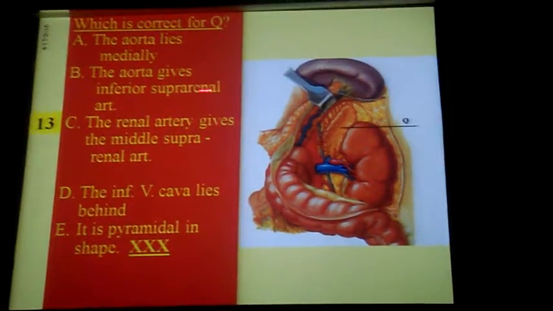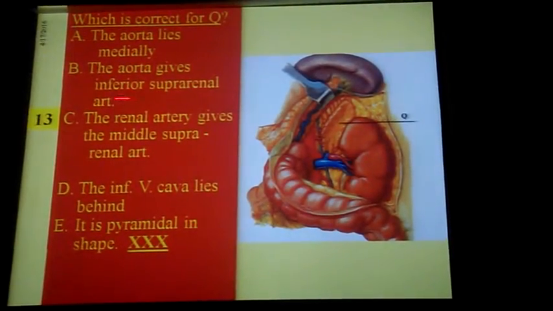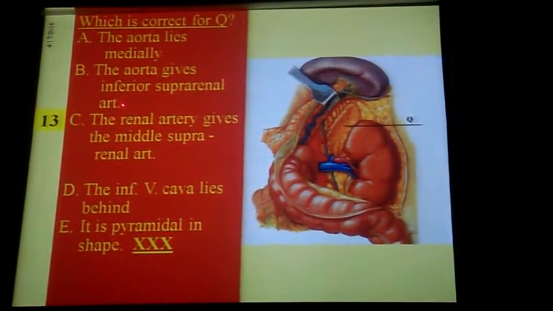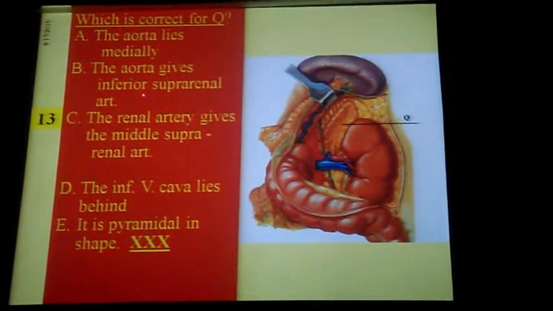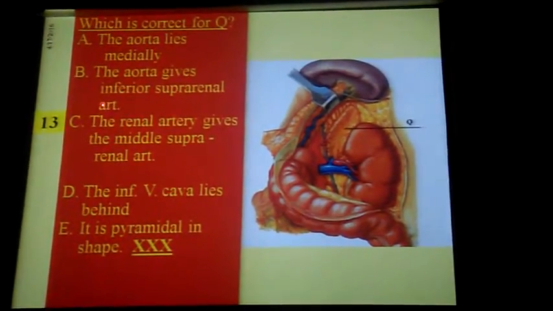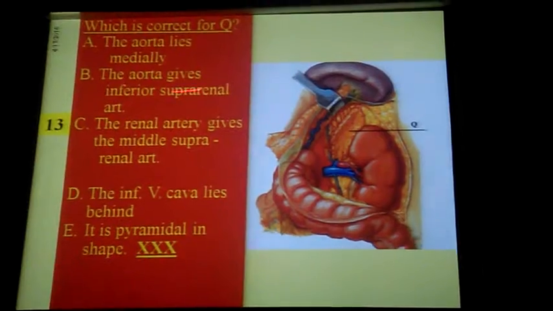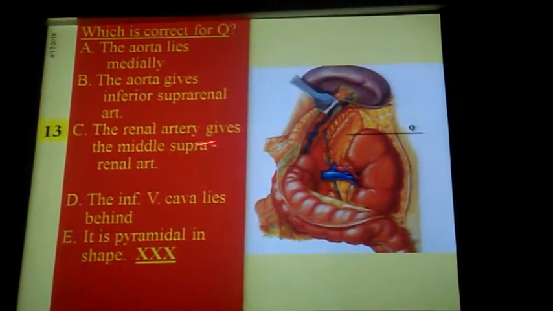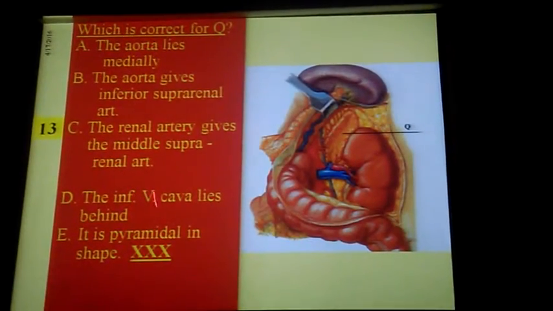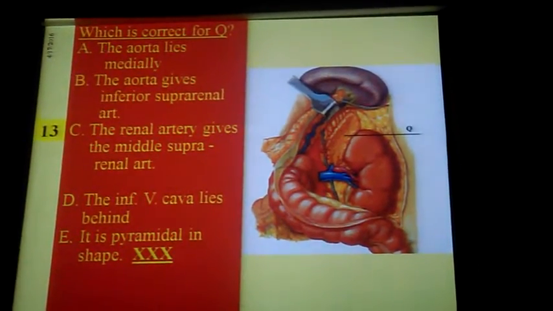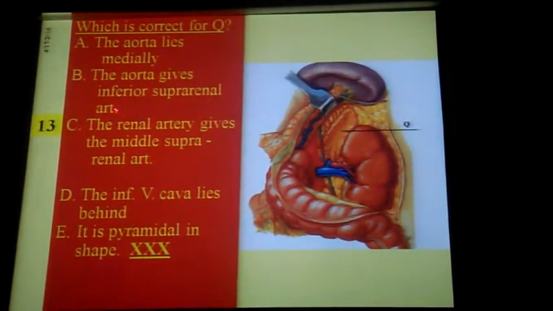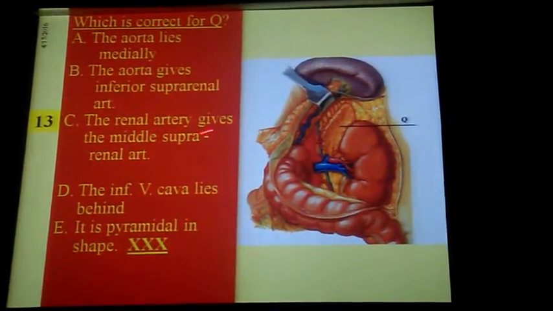Then, the aorta gives the inferior suprarenal artery. Aorta, inferior? No, we said who gives the inferior: the renal artery. This is wrong. The renal artery gives the inferior one, because we said the renal is the lowest one. The first one above is the phrenic, the second, the one that gives is the aorta, and below is the renal artery.